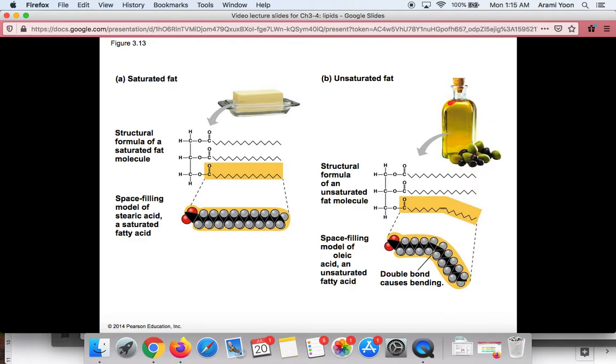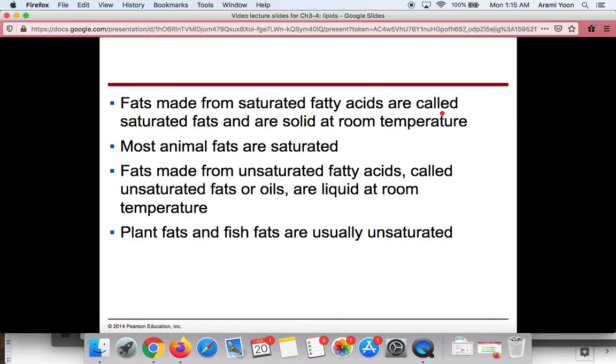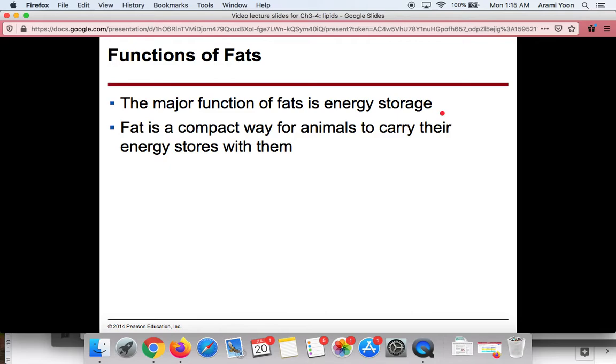An example of that is olive oil. Now, it's not just fats that can bend and that have solidity and fluidity depending on the number of double bonds that are there. We're also going to see that in phospholipids as well.